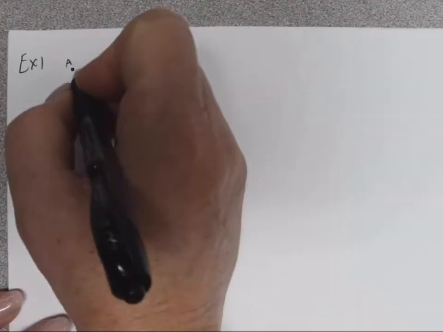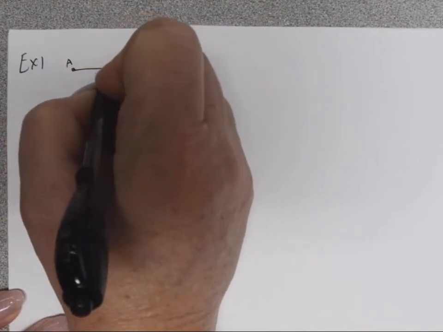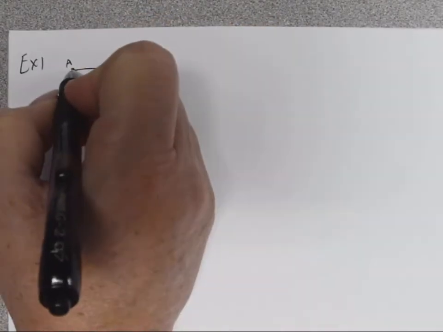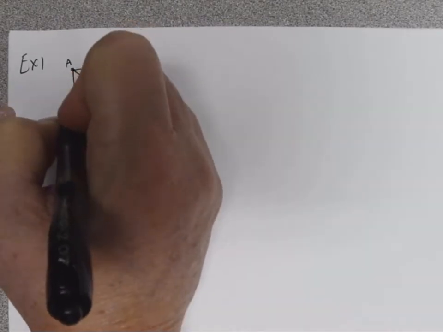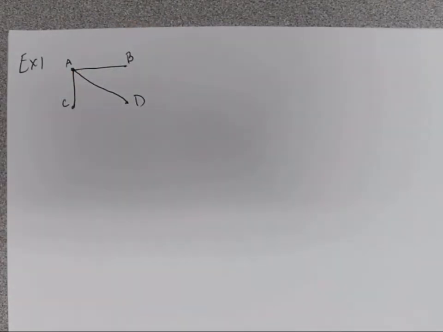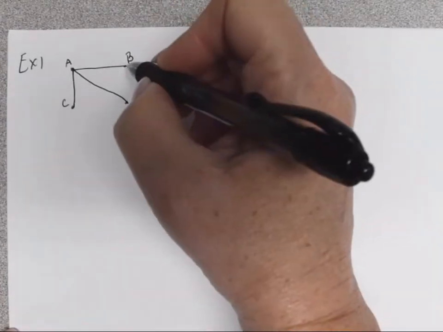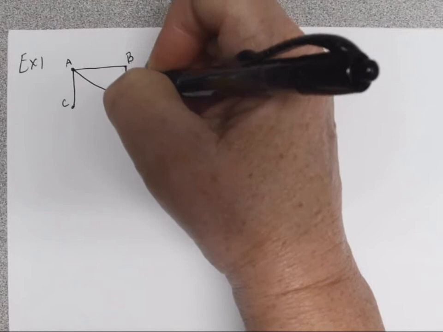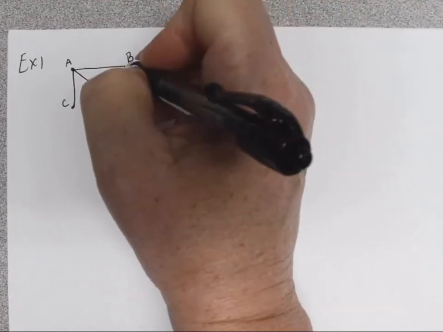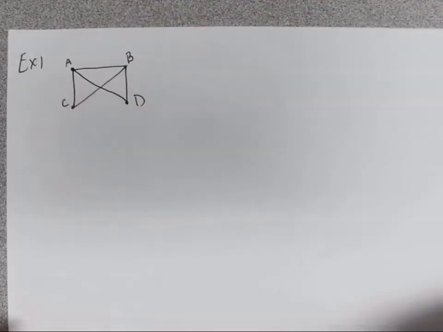Well, I know that Alice would shake hands with Ben, she would shake hands with David, and she would shake hands with Christy. Now Ben is already shaking hands with Alice, but he needs to shake hands with David and Christy.